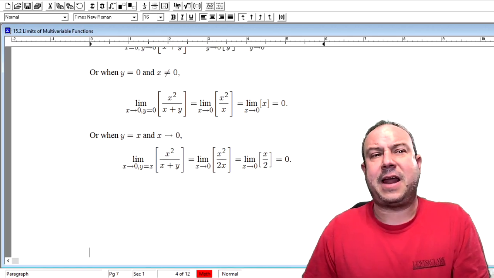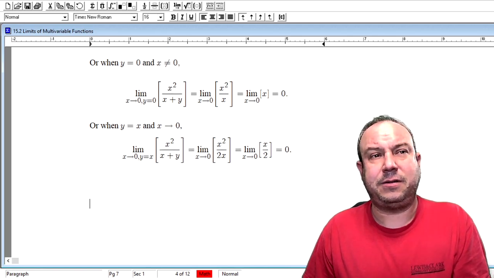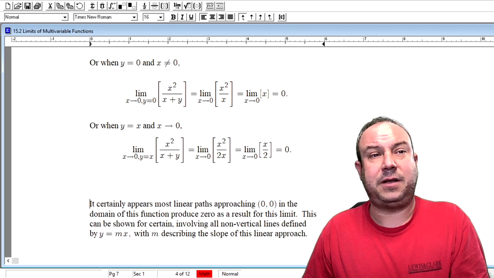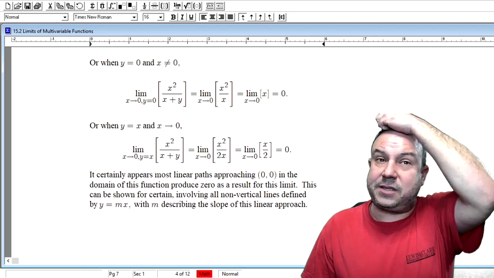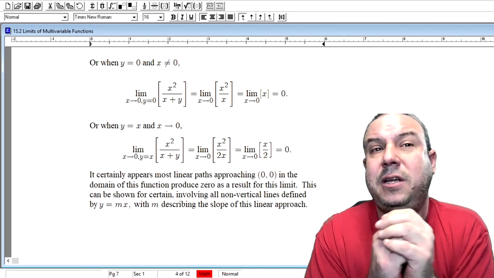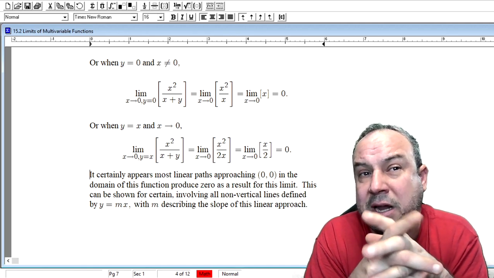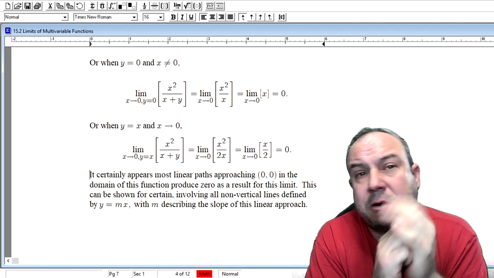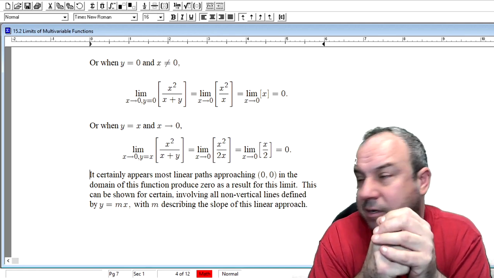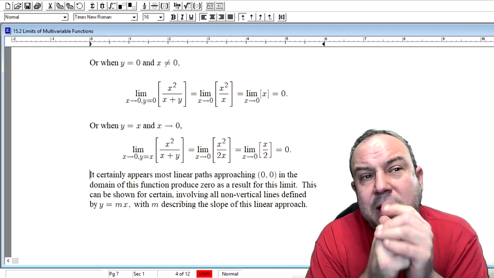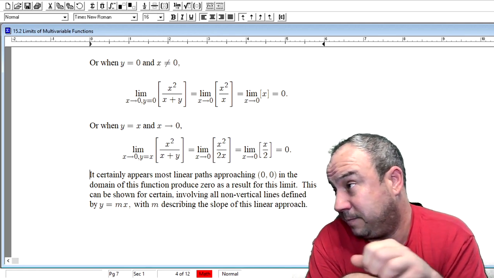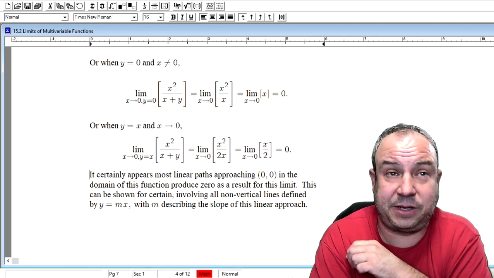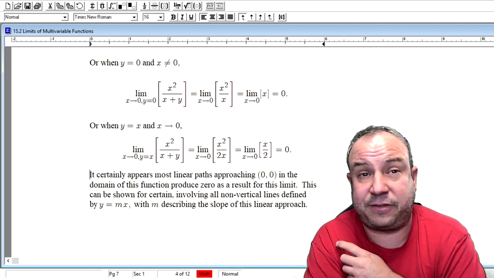And I do say that next in the notes here. It does certainly appear most linear paths approaching 0, 0 in the domain of this function produce 0 as a result for the limit. This can be shown for certain. Now this is just linear paths, folks.